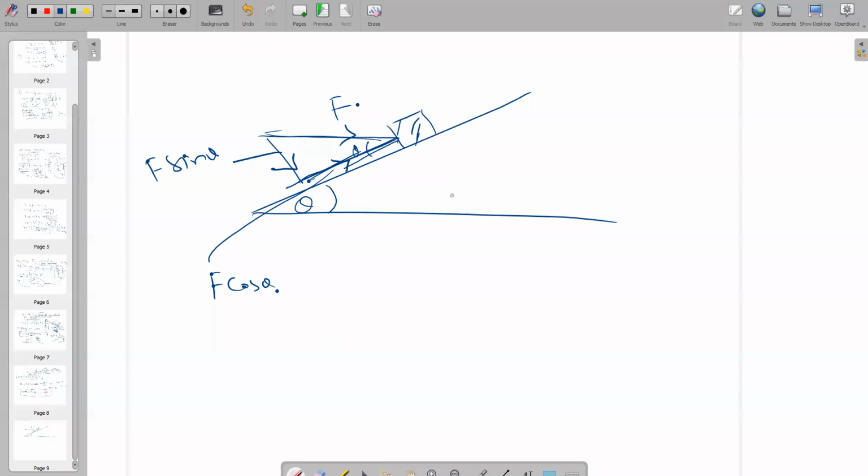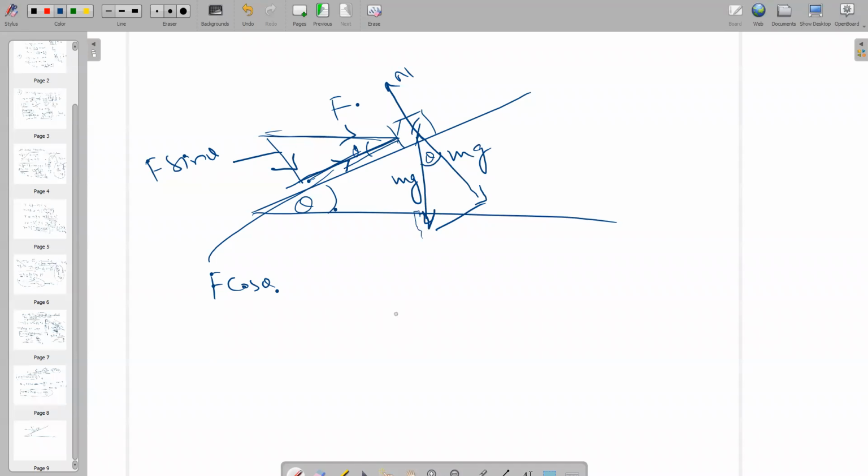Now this is clear. The other forces are what? mg, vertically downward, and normal reaction, upward, perpendicular to the plane. Now we are making the components of mg. One is this one and one is this one. If this angle is theta, this angle is also theta.